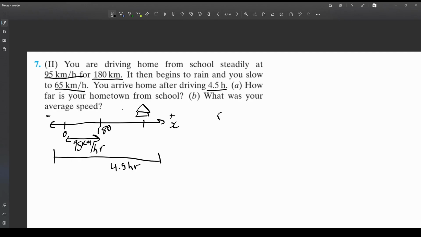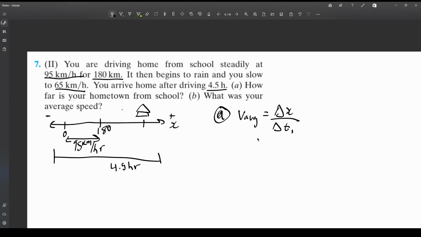So in order to solve for part A, which is how far is your hometown from the school, we know that V average is equal to delta x over delta t.